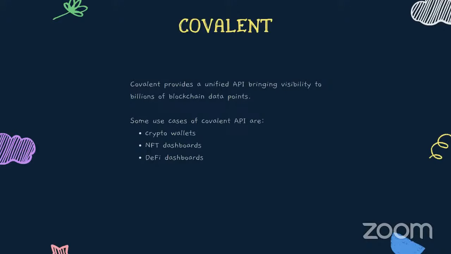Some of the use cases are crypto wallets, NFT dashboards, and DeFi dashboards. Zapper and InstaDApp fall under the DeFi dashboard category. You can build anything that needs you to fetch blockchain data, transaction data, NFT data, stuff like that, using the Covalent API.